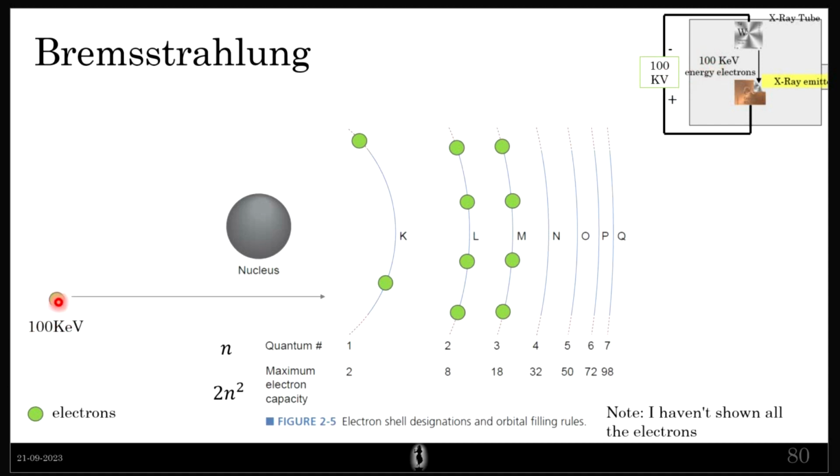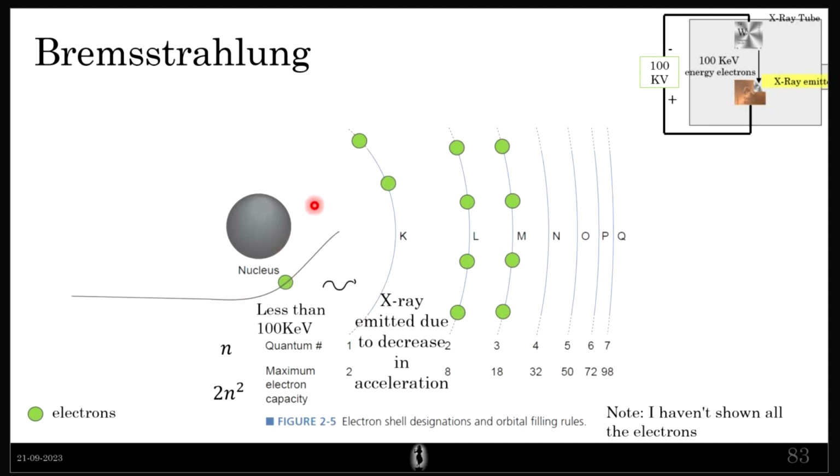So let's say that electron is here and this is a tungsten atom which is coming from this target material. So let's say this is the path of that particular electron and there is the nucleus over here. What happens is, as and when it comes closer to the nucleus, it is attracted by the nucleus and hence it changes its path.